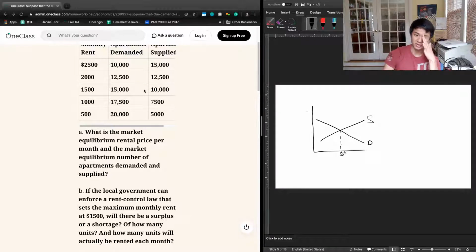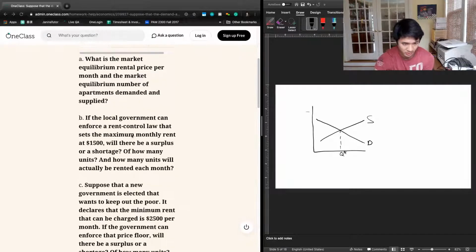There's a 5,000 unit shortage. And the next question says, of how many units? 5,000. And how many units will actually be rented each month? It'll be 10,000, right? Because assuming no black market, all 10,000 that are supplied are going to be sold because the price is so low. And so you have those answers for question B.